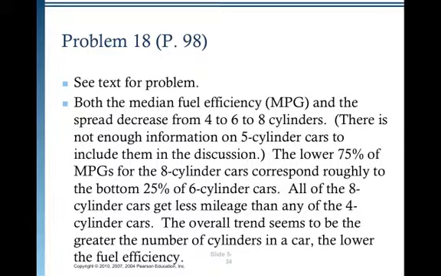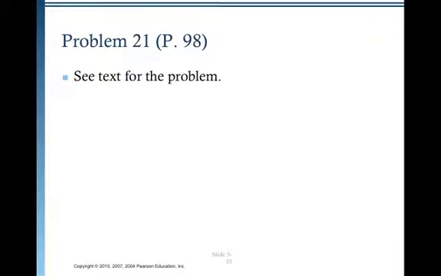All of the 8-cylinder cars get less gas mileage than any of the 4-cylinder cars. The overall trend seems to be the greater number of cylinders in a car, the lower the fuel efficiency, which is not surprising. All right, let's look at problem 21.